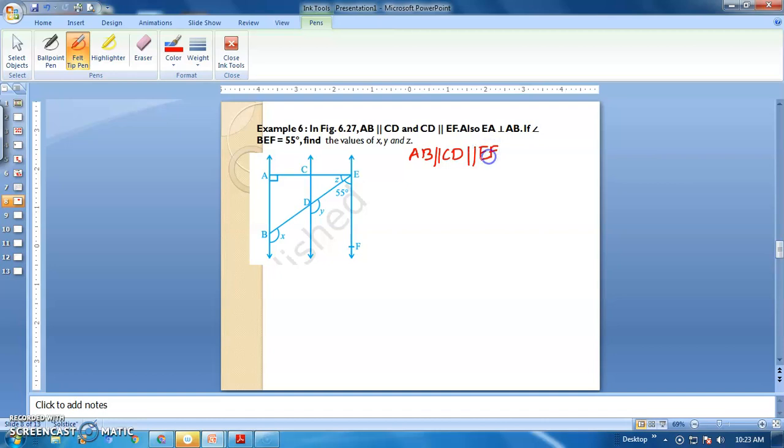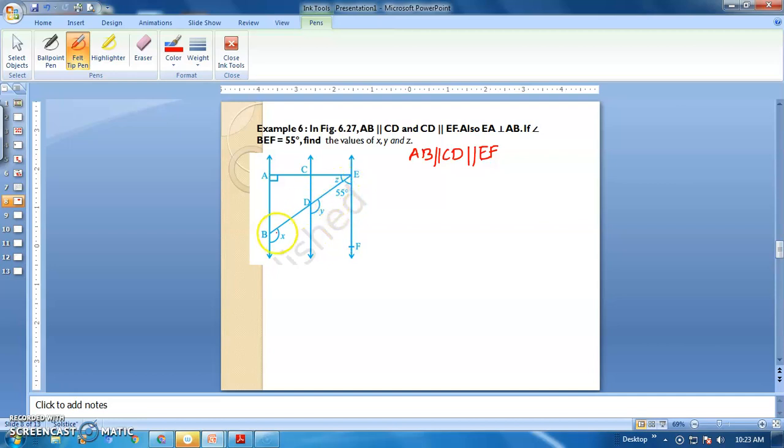That is given here. And also EA perpendicular, this mark is nothing but perpendicular. So EA is perpendicular to AB, and angle BEF equal to 55 degree. So this angle BEF equal to 55 degree is already given.